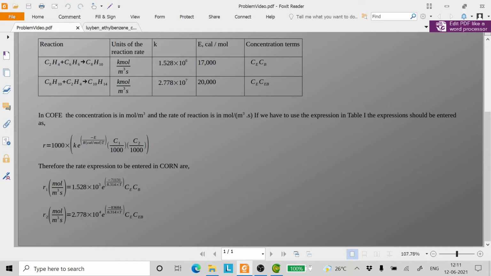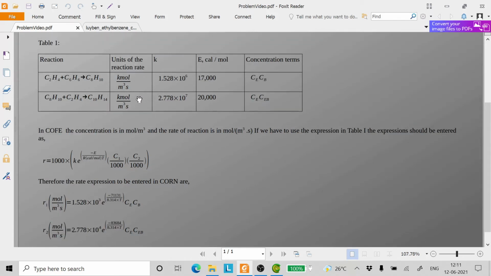Whenever we enter the rate expression in COFE, we should understand that the rate of reaction is calculated in moles per meter cube second if it is a homogeneous reaction. And also the concentrations that go into calculating the rate expression will go in as moles per meter cube.